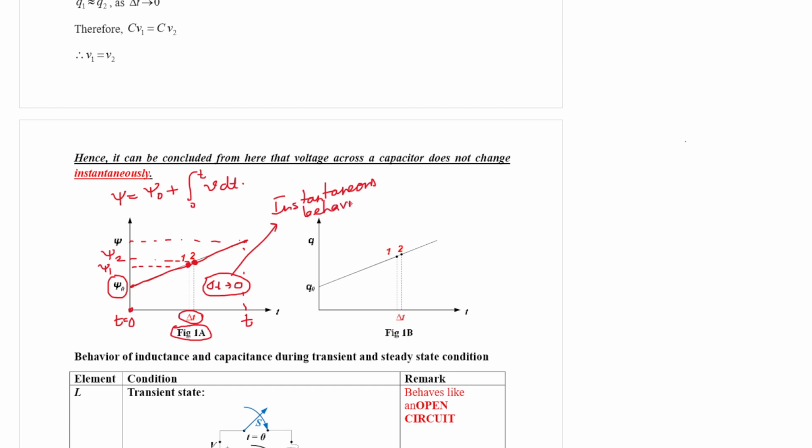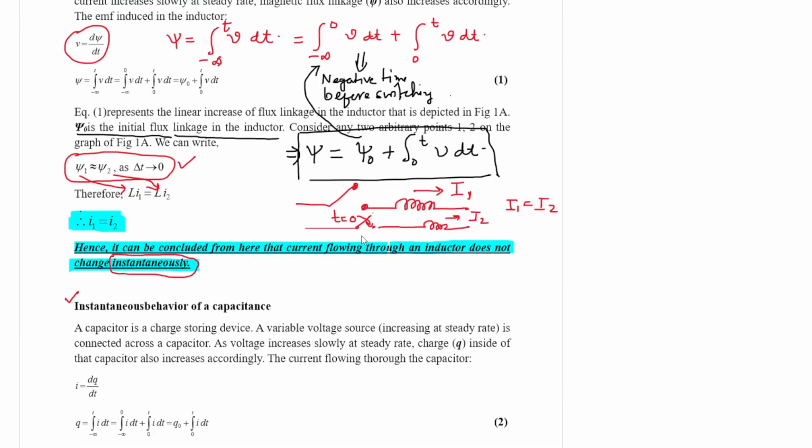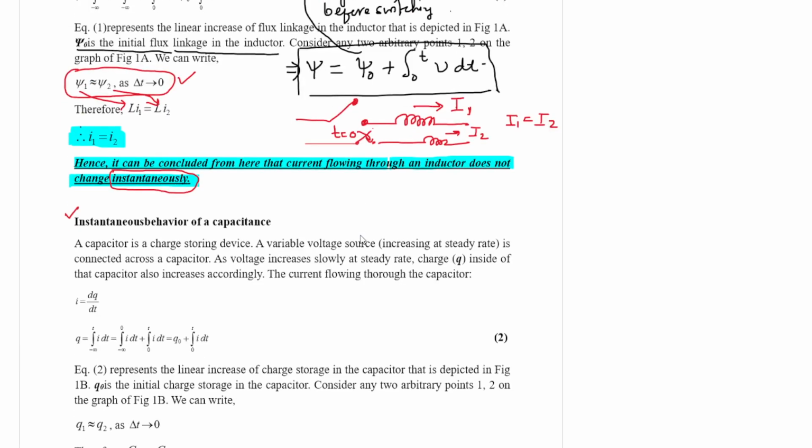So if an inductor is there and current is flowing through it, it does not change instantaneously. That is the statement.